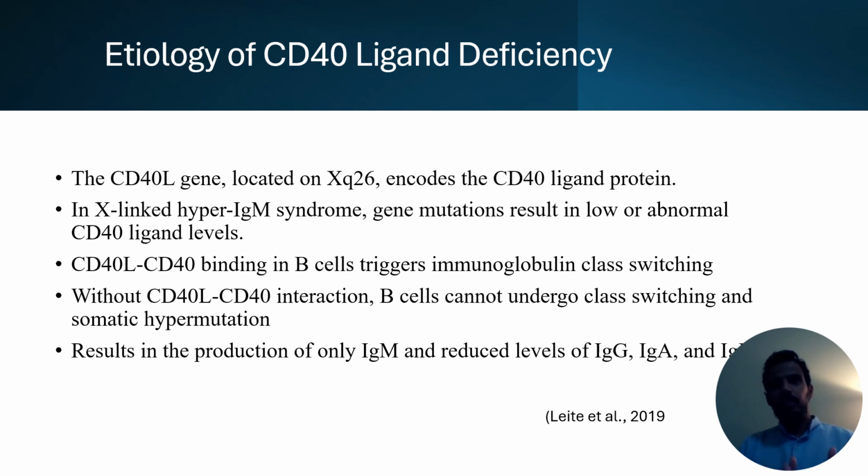CD40 ligand and CD40 binding in B cells trigger immunoglobulin class switching as well as somatic hypermutation. Without CD40 ligand and CD40 interaction, B cells cannot undergo class switching or somatic hypermutation, which results in the production of only IgM and reduced levels of IgG, IgA, and IgE.